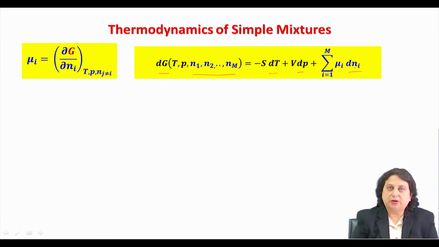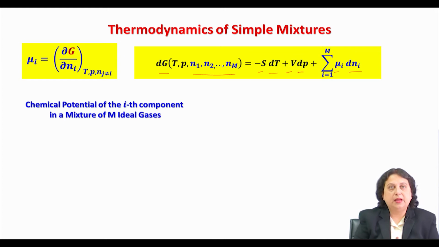And corresponding to every such independent fluctuation, I have the coefficients appearing here as minus S, plus V and plus mu_i.